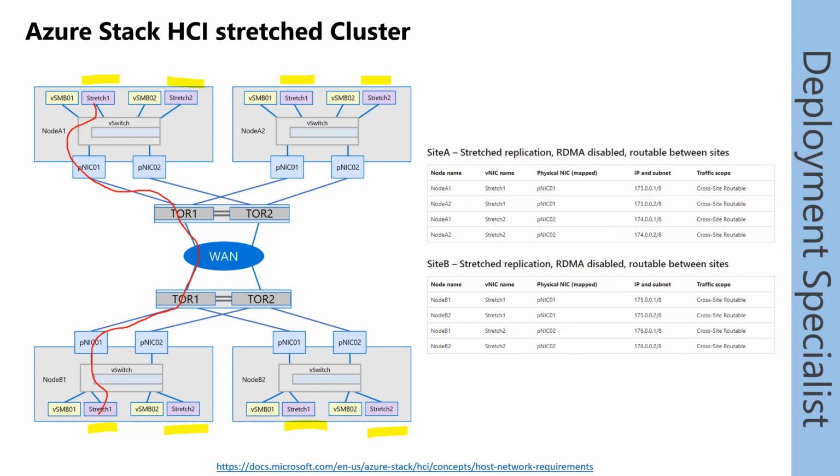And here we have a traffic scope cross-site for these adapters, clearly. And we have different IP subnets. It's also clear compared to the local configuration. And we will also use the same physical NICs. This is possible via the switch embedded teaming.